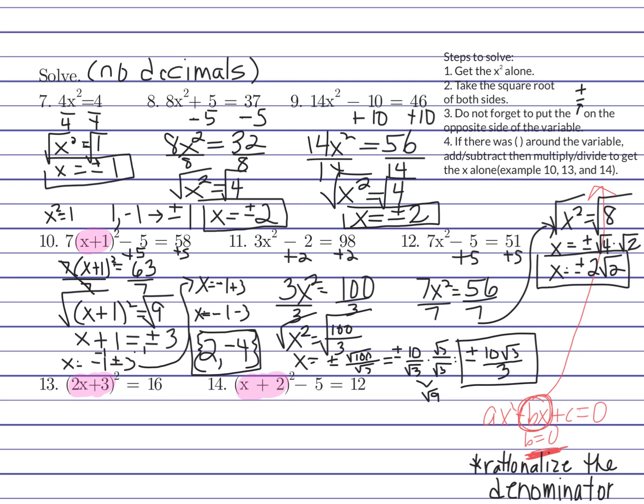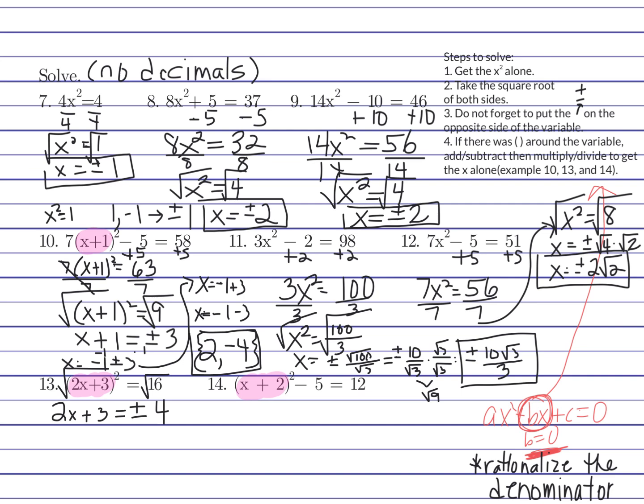All right, on to number 13. My squared term is already alone, so I'm going to go ahead and take the square root of both sides. So 2x plus 3 will equal plus or minus 4.